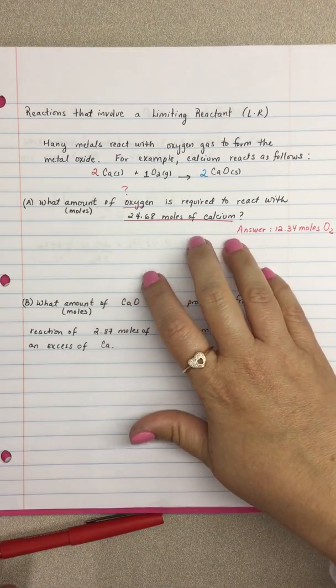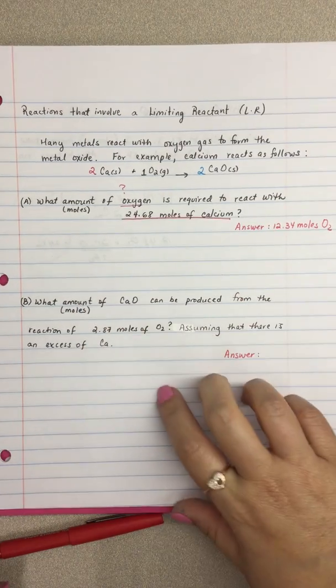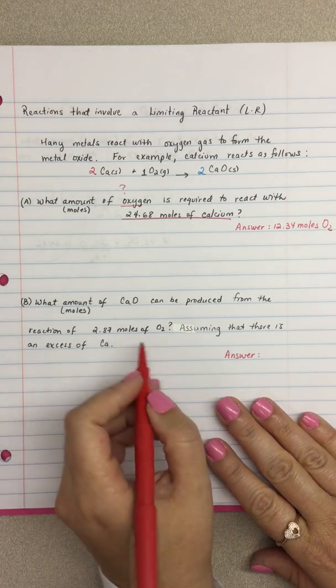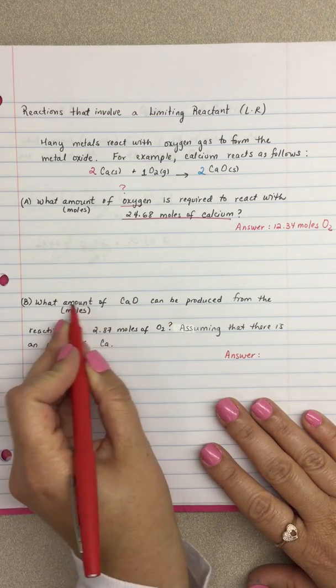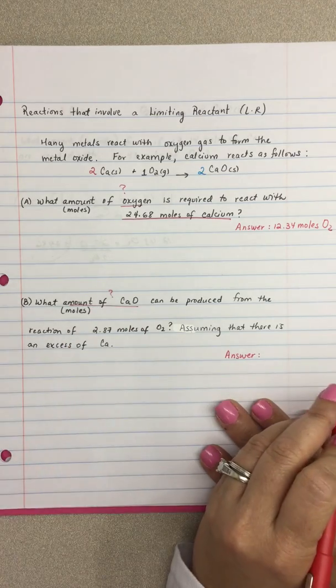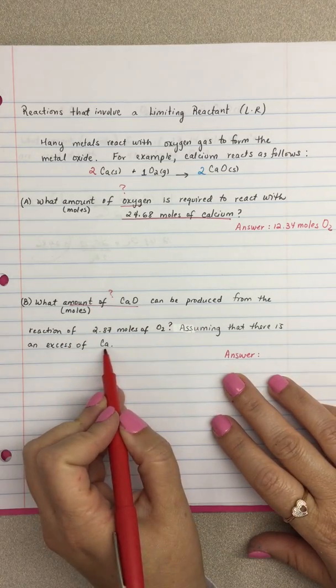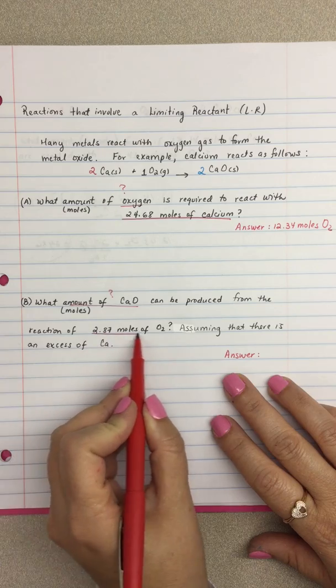So in this one from calcium you're getting oxygen, and then in the second one you have the amount of your product, assuming that you have a lot of calcium, and that's the given one.